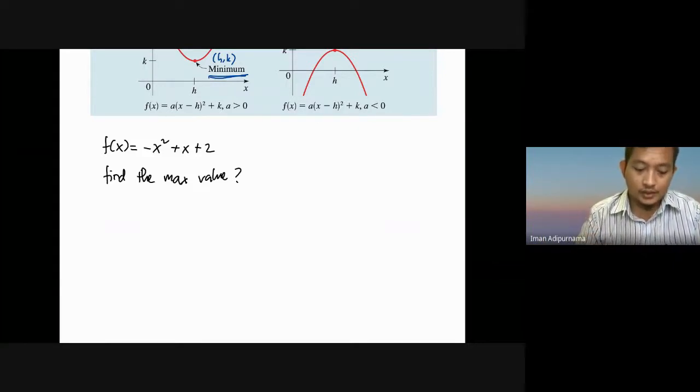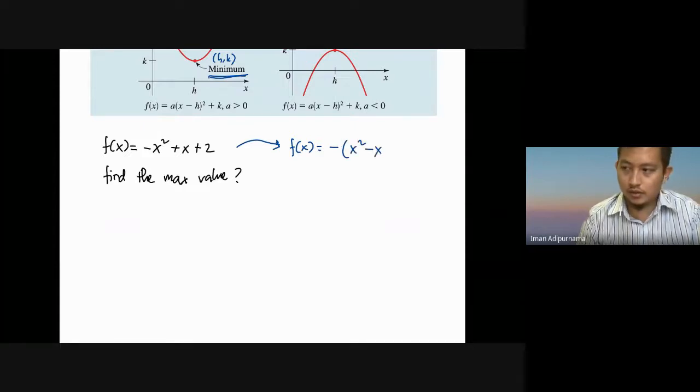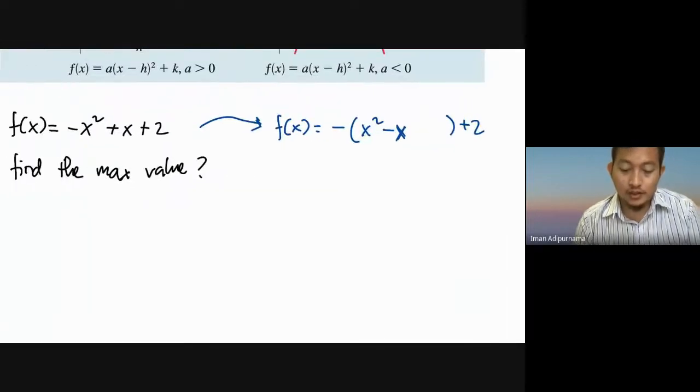So first, if you want to complete the square, you can write this, and then plus 2. And to make it a complete square, divide by 2, which is 1/2, and then square. So you need to add 1 over 4. Okay, I hope you get this idea.